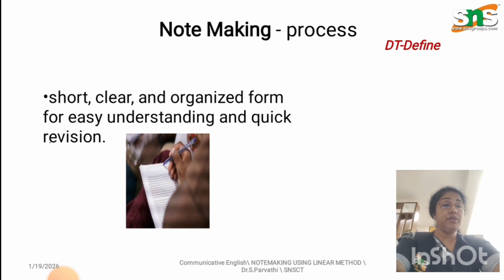So in note making, the process is, first you fix the title for the passage. Then you fix the subtitles for each and every paragraph. From those subtitles, you give numbering for sub points. After that, read it by yourself to check whether it clearly gives all the information, because the person reading your notes can create a passage from them.